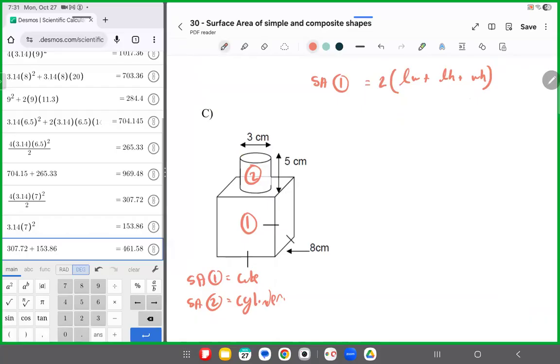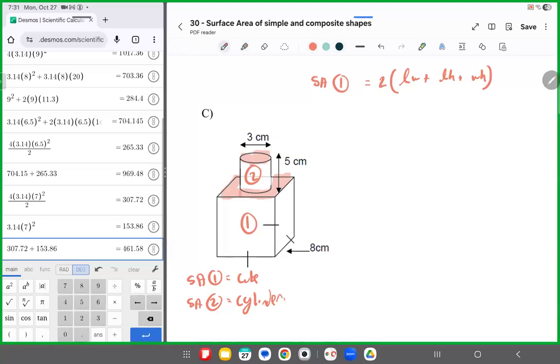And well, what about the top? Well, if you notice here, the top of this cylinder is actually just the rest of the top part of this cube, right? So if you were to squish the cylinder kind of inside of the cube, the top of the cylinder would be the leftover portion of the cube. And so for surface area shape number 2, we don't even need the formula for the top or bottom.